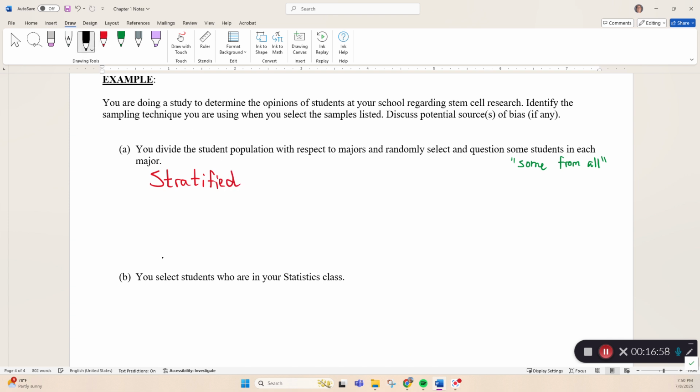So then what could be a source of bias? Well, certain majors may lean a certain way.